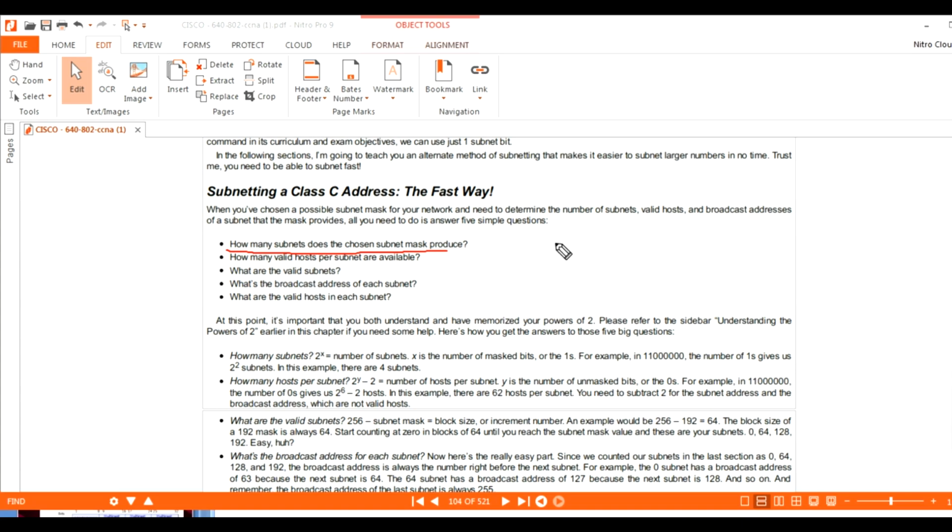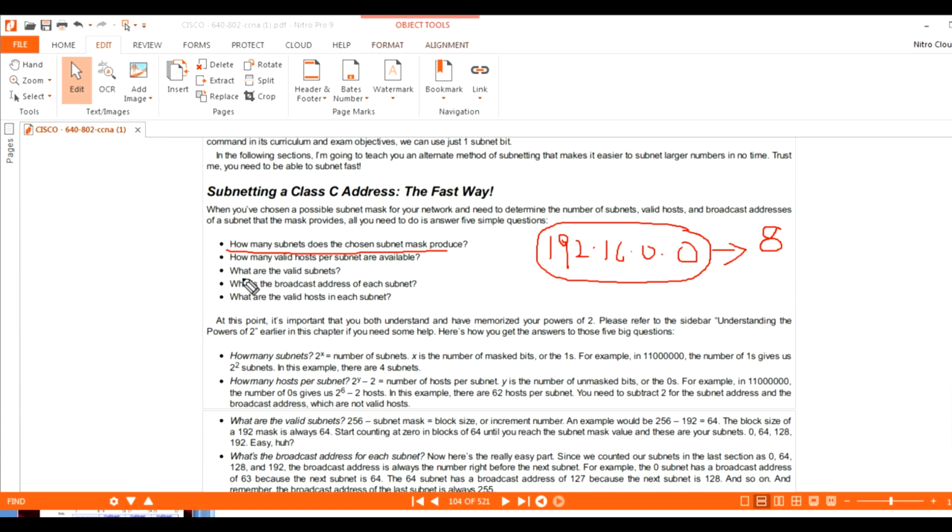For example, the ISP has given me a particular block of IP addresses, 192.16.0.0. I want to divide that block to satisfy the requirements of 8 branches of my organization, located in different geographical places. You have to see how many valid hosts per subnet.